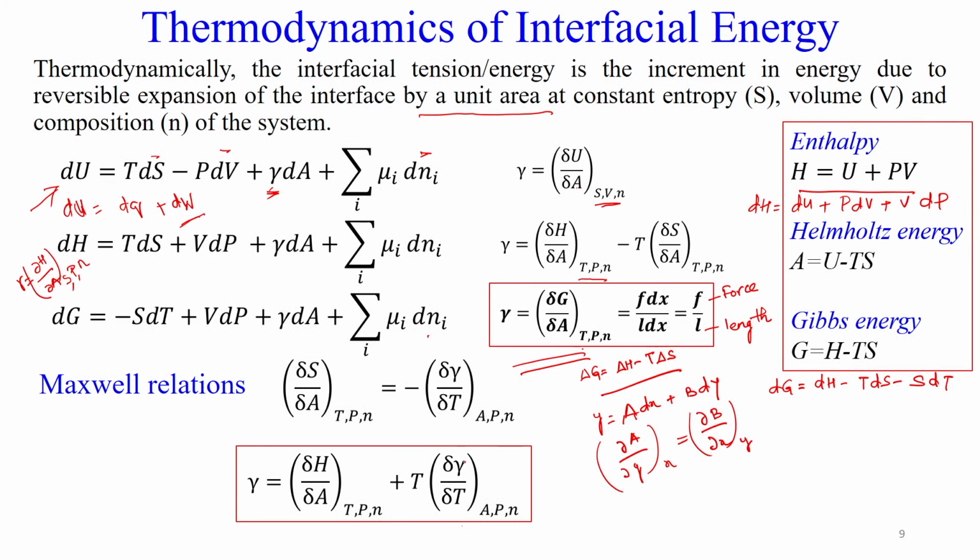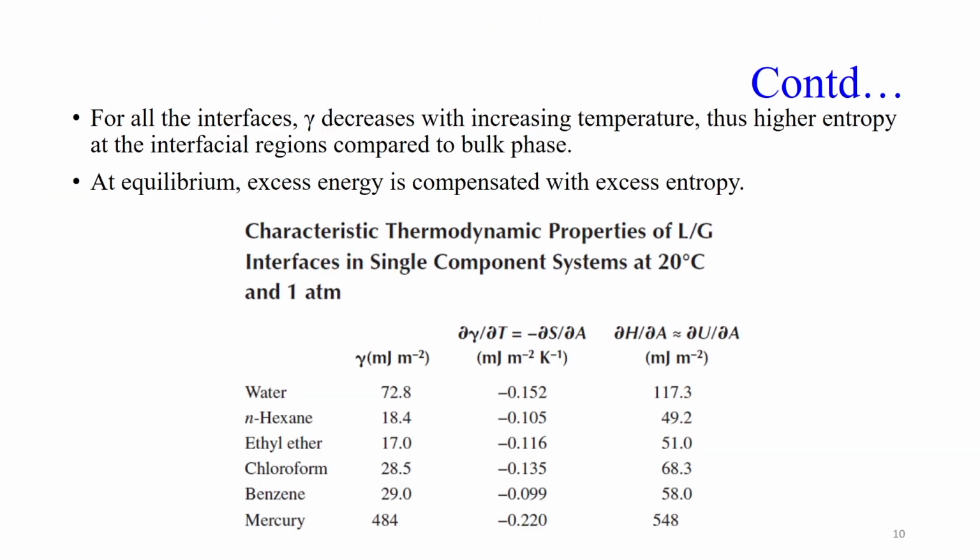So, it says surface tension and surface energy are linearly related with the temperature. So, if I write the same equation here: gamma is equal to dou H upon dou A plus T times dou gamma upon dou T, at constant A, P and n, and this was at constant T, P and n.